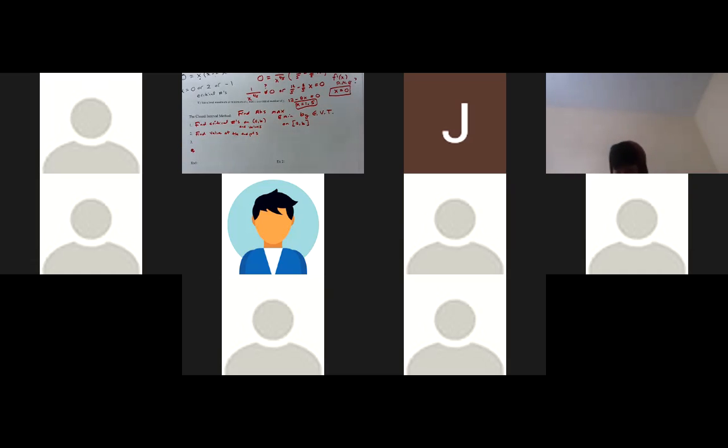And then the largest values will obviously be the absolute max, and the smallest values will be the absolute min.